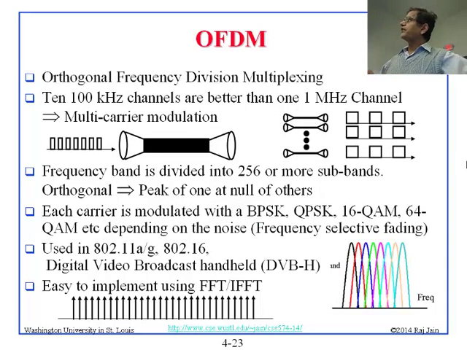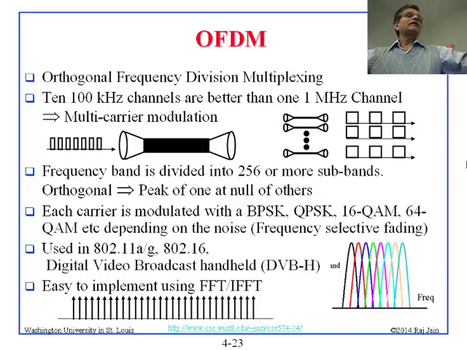OFDM stands for orthogonal frequency division multiplexing. So it is a frequency division multiplexing, but it is orthogonal. What does that mean? Basically, they noticed that if you have so much band, you don't want to use all of it at the same time.